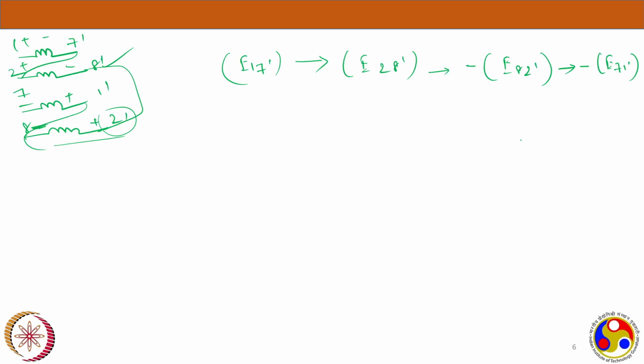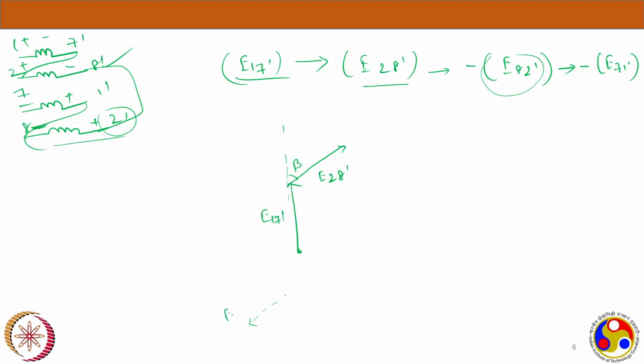So now let's draw the phasor. I'm just drawing it first. This is the E17 dash phasor. That's right. And then I connect it to 28. So 28, we know, is just displaced by beta, right? It is E28 dash. Next I have connected to 82 dash, but in the reverse mode. Previously, the 82 dash is in this way, right?